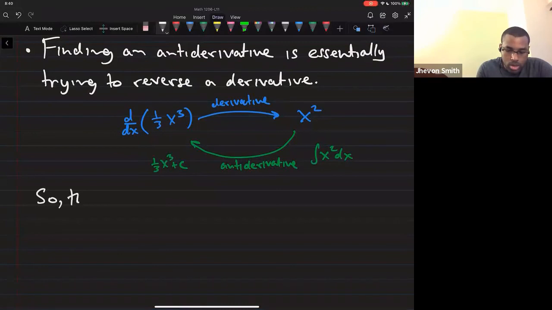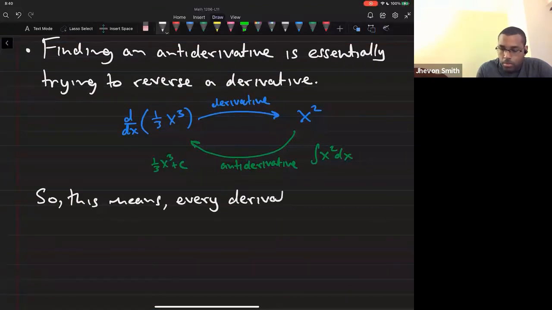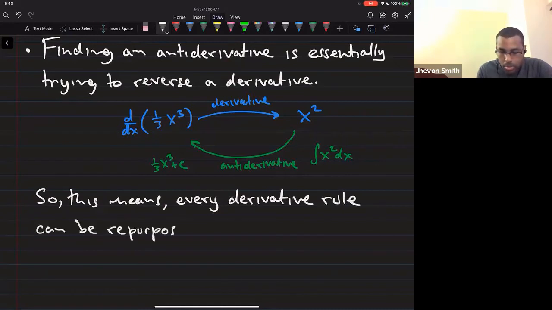So this means every derivative rule can be repurposed as an antiderivative rule.